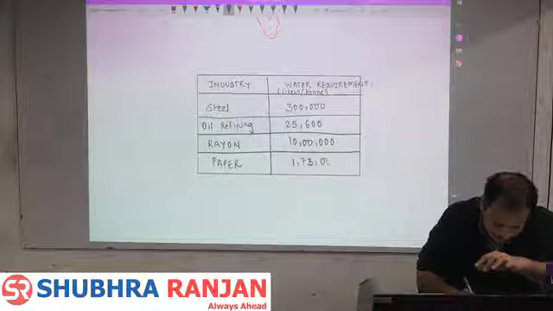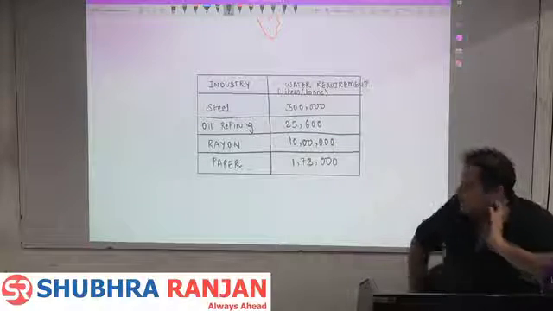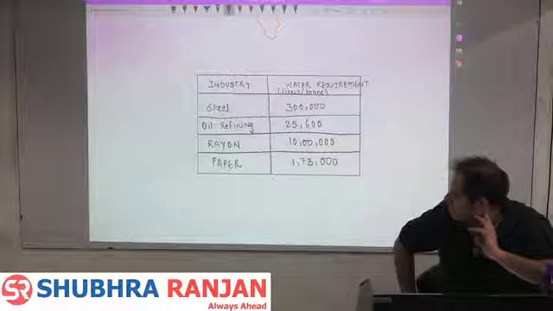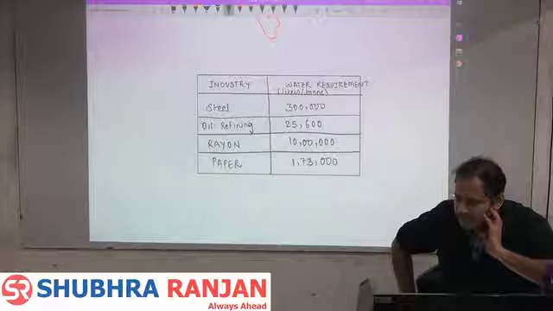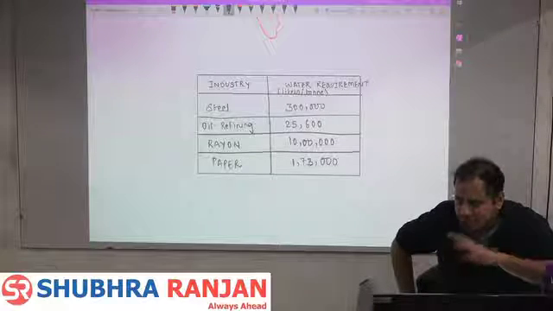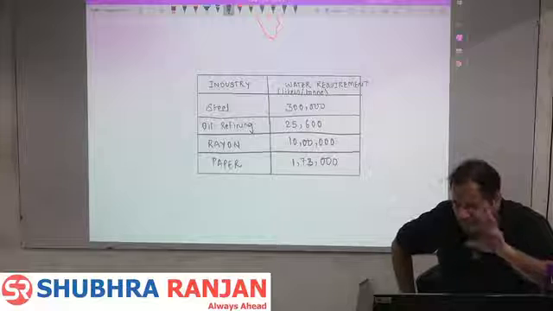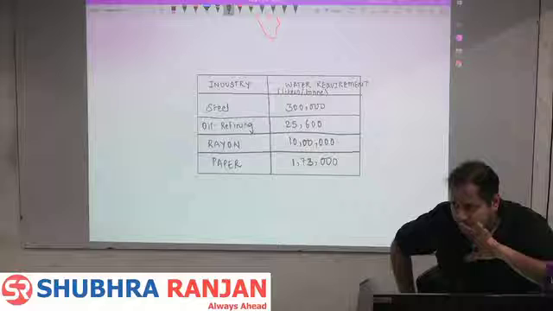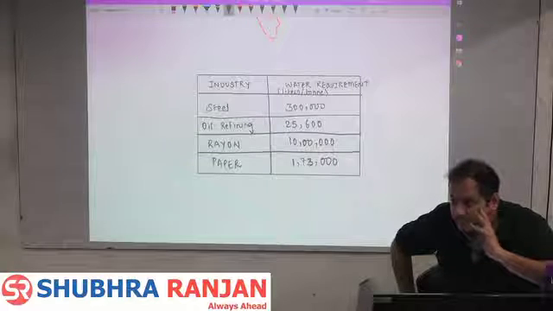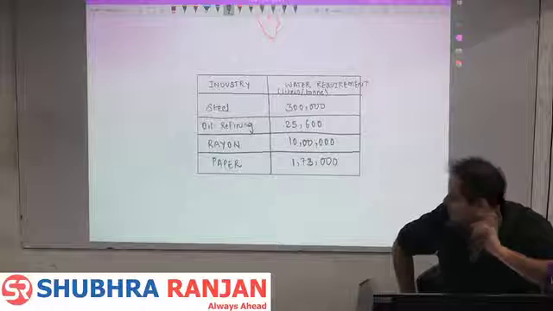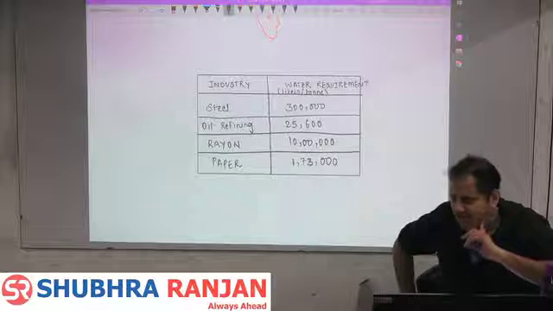You can take down this table of some industries, how much water they need per ton. Steel industry requires 3 lakh liters of water per ton. Oil refinery requires 25,000 liters. The most water is needed by synthetic fiber, 10 lakh liters. Less than that, the paper industry needs 1,73,000.